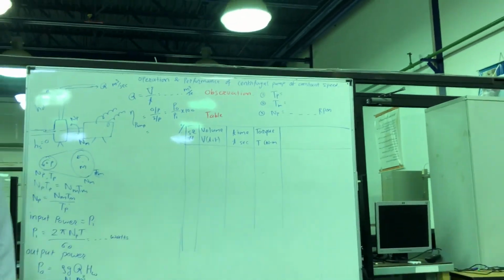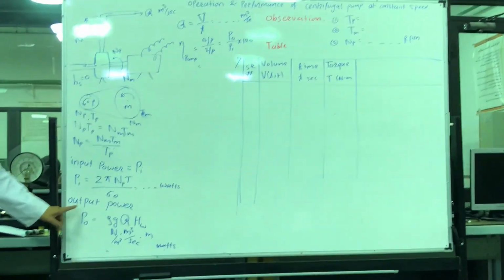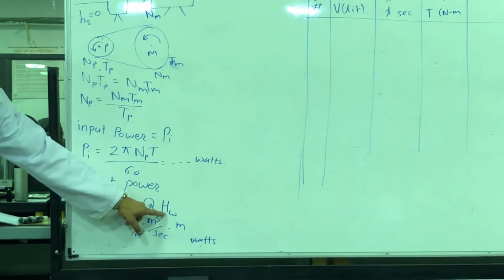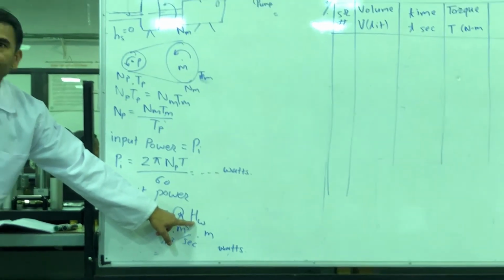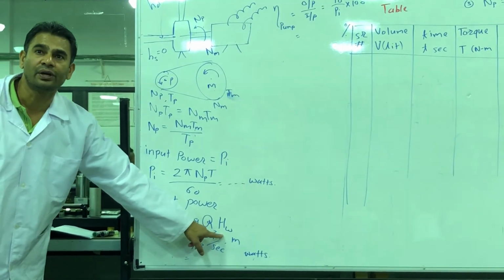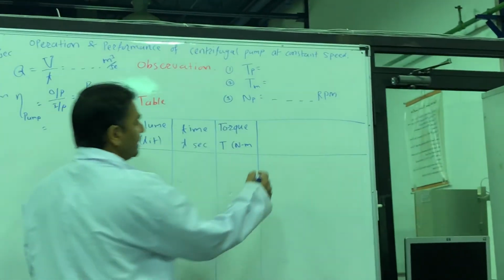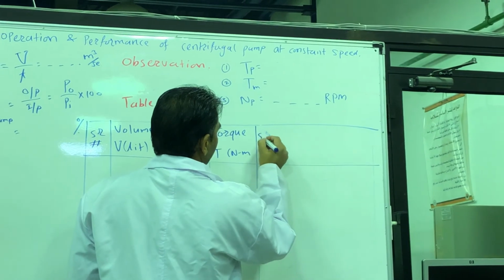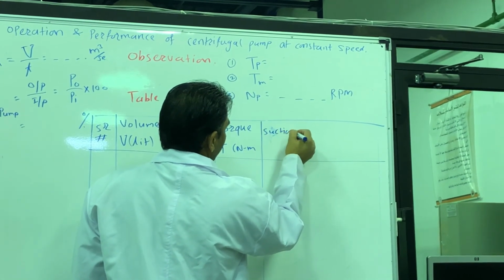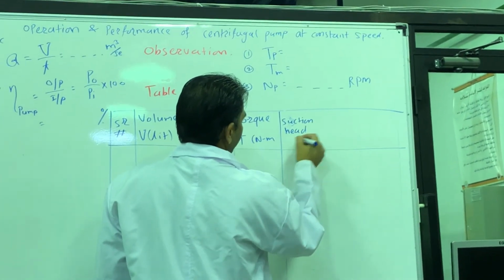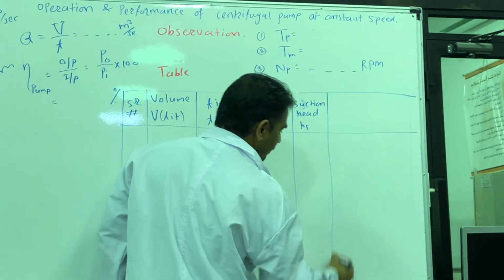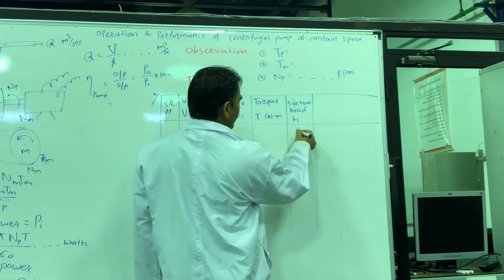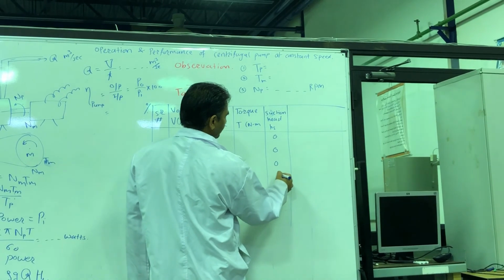Then power output: I need Q, H. So head. Here I will write suction head, HS. It is always 0 for our setup.